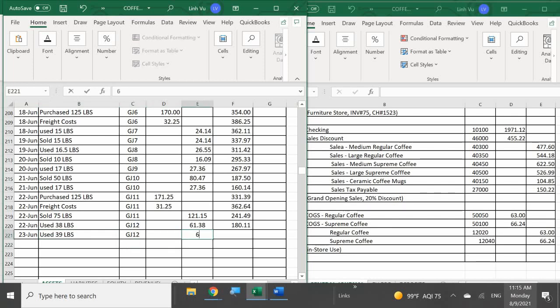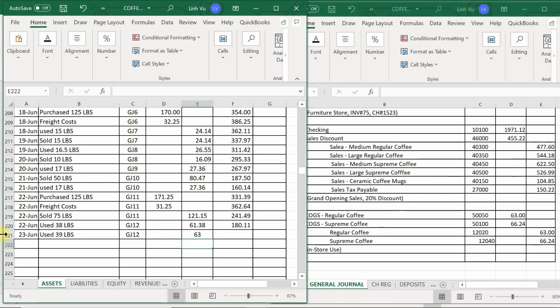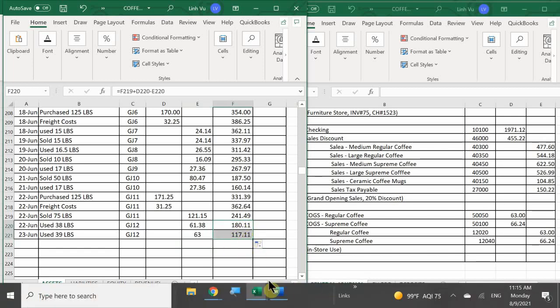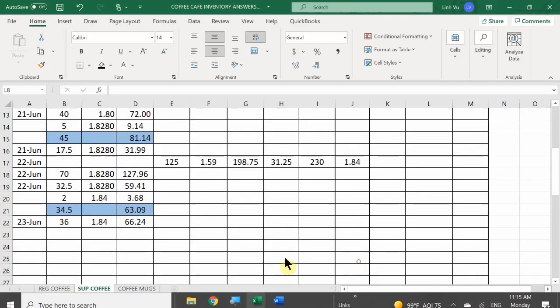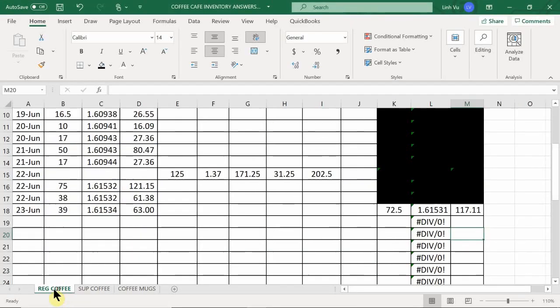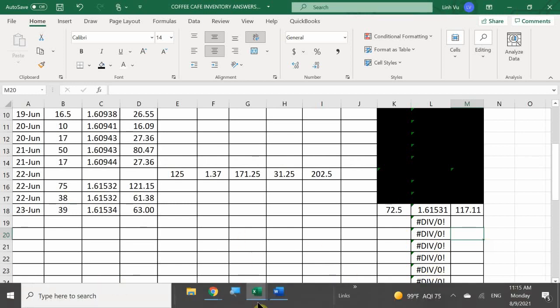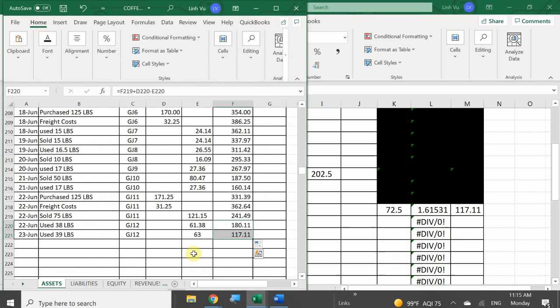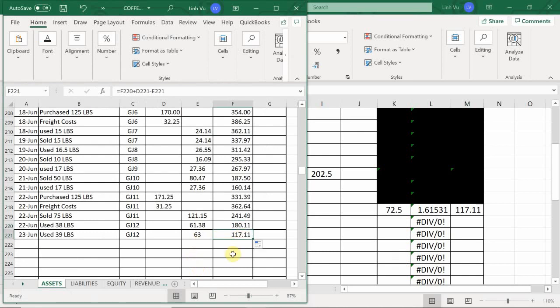And it was for $63 even, which should bring my running balance to be 117.11, which we know because that's exactly what we calculated in our inventory worksheet, right? That's exactly what we had. 117.11.